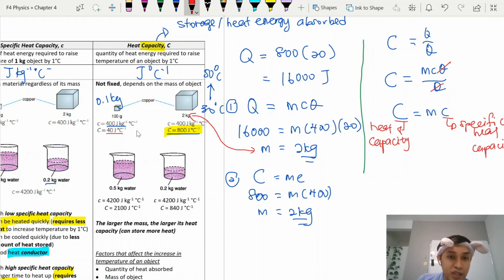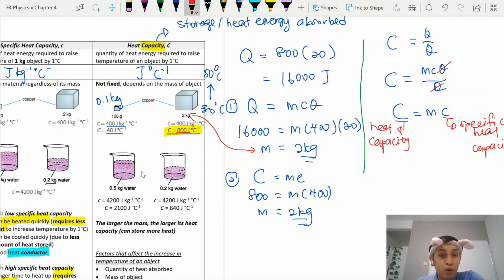So as you can see, the heat capacity for a material depends on the mass. If we go back to my first definition, which is logic, the bigger you are, the more you can store, or the more heat energy you can absorb. So your capacity, of course, will increase. So your heat capacity depends on the mass of your object.